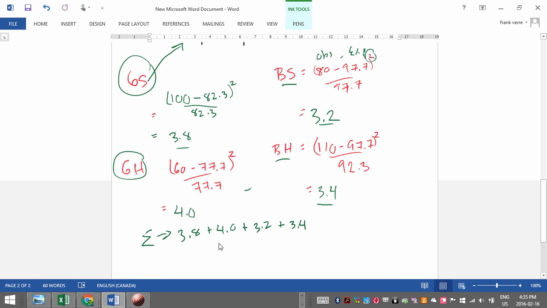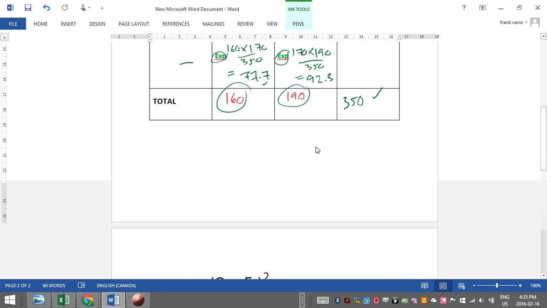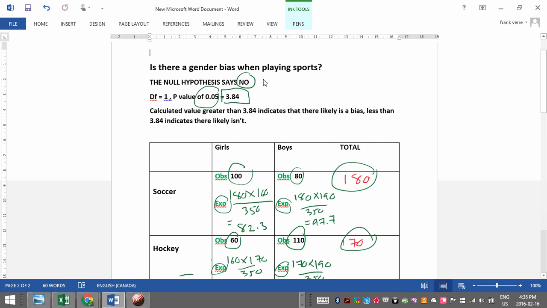This is 7.8, plus 3.2 is 11, plus 3.4 is 14.4. So our chi value is 14.4, and it's greater than 3.84.